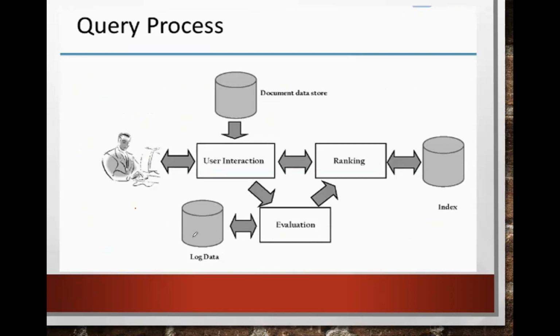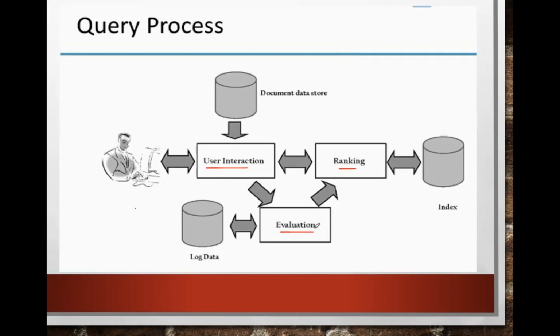Coming to the query process, the steps involved are user interaction, ranking, and evaluation. User interaction means the query generated by the user will be refined in order to display the results.